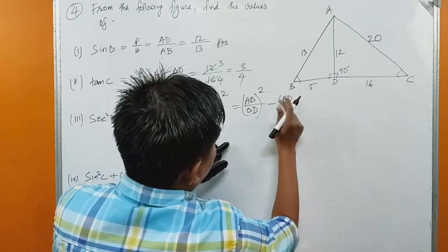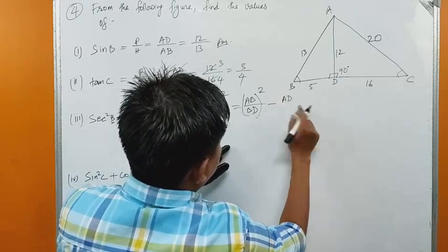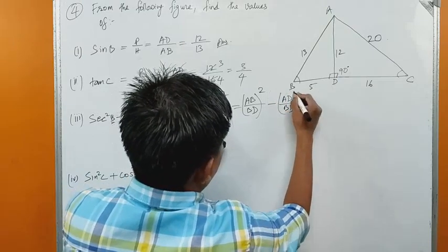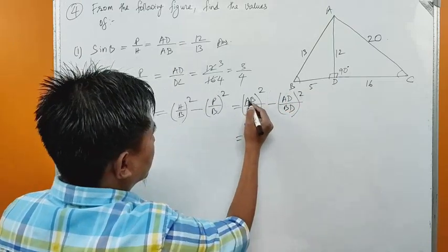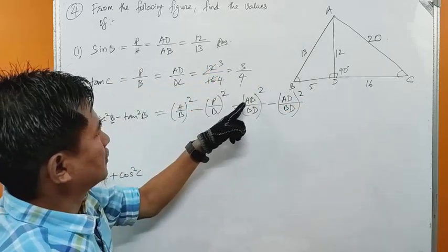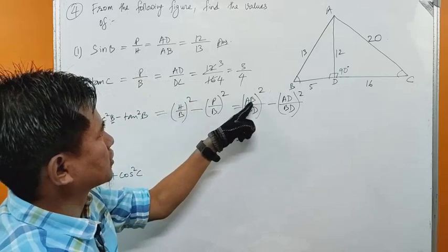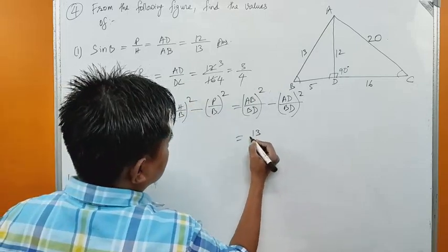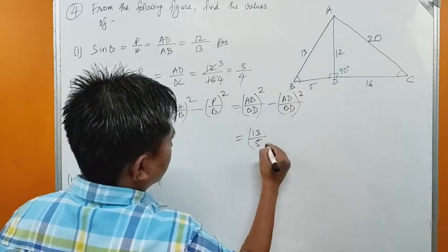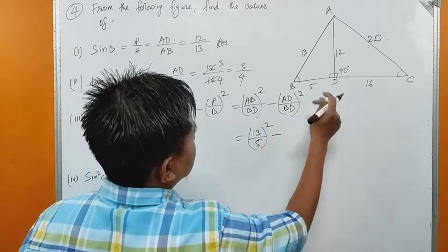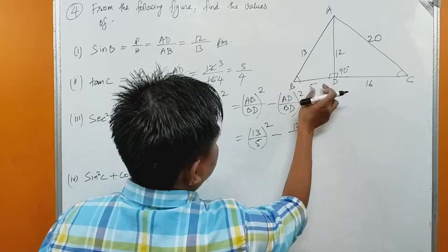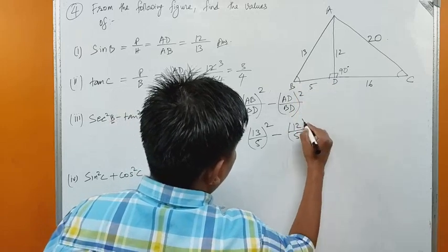AB is 13, BD is 5, AD is 12. So 13 upon 5 whole squared minus 12 upon 5 whole squared.